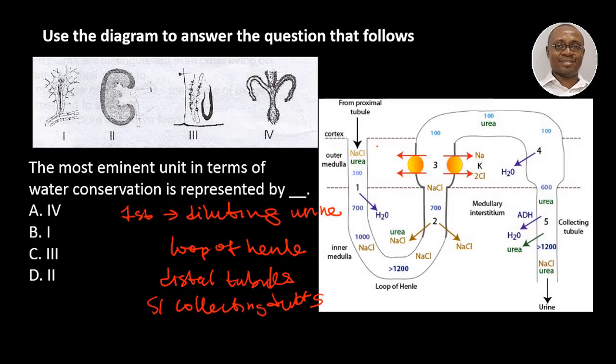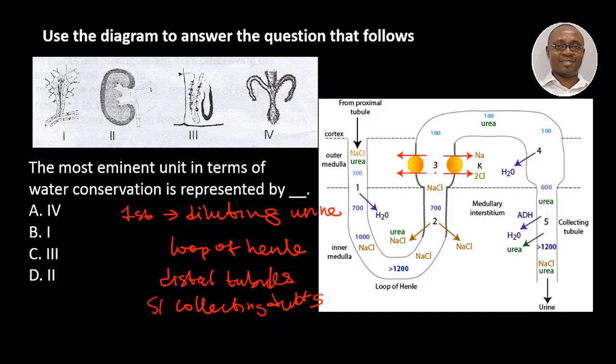Okay, so the descending loop of Henle is initially impermeable to sodium chloride and permeable to water, then becomes permeable to sodium chloride and impermeable to water in the ascending limb of the loop of Henle.